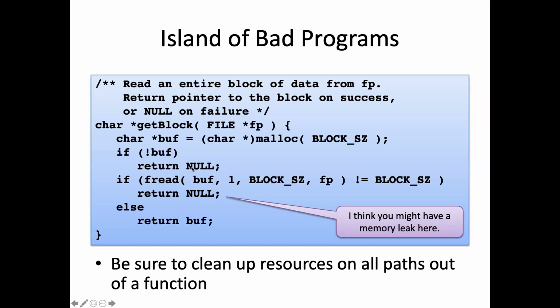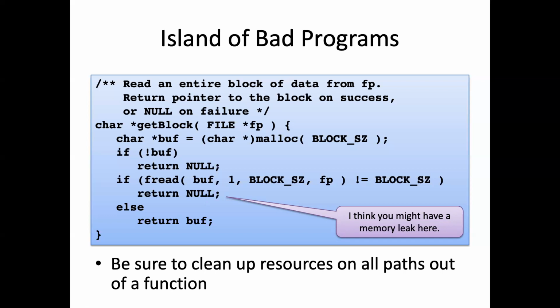But there, we didn't even allocate the block, so there's no leak. But down here, if we've allocated the block and we can't read as much data as we wanted, we return null without freeing that block. A takeaway from this, and we talked about this when we were talking about non-local jumps, is that if we've allocated resources, every path of execution through a function or through our code needs to worry about freeing those resources.